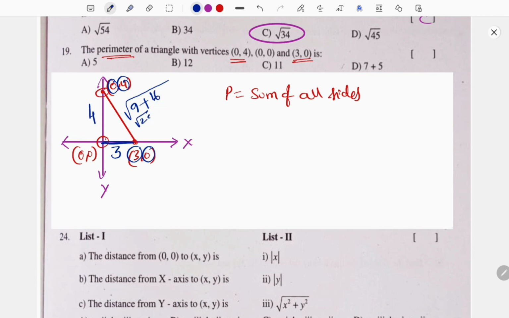So here it is root 25, that is equal to 5. So the sum of all sides is 3 plus 4 plus 5, that is 3 plus 4 is 7, 7 plus 5 is 12. So 12 units. Option B is the right answer.